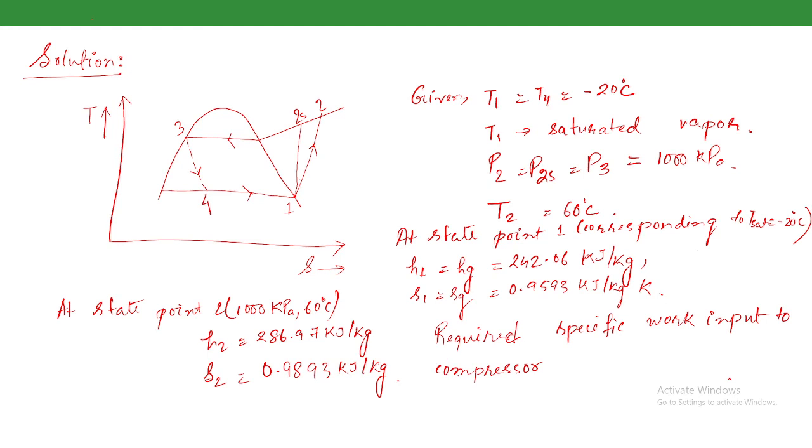So this is the actual compressor. This is equal to H2 minus H1. Okay, so this is 286.97 minus 242.06. So this value is 44.91 kilojoule per kg. Okay, so this is the answer.